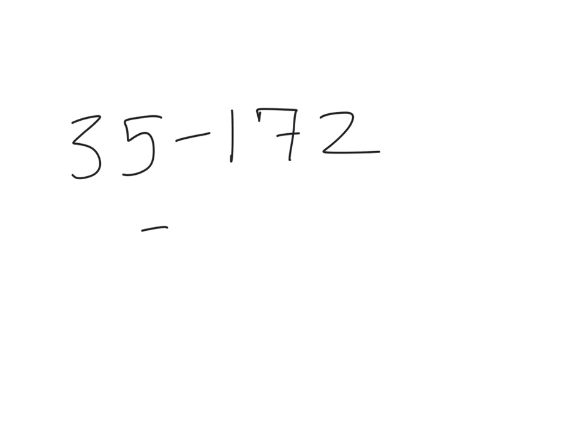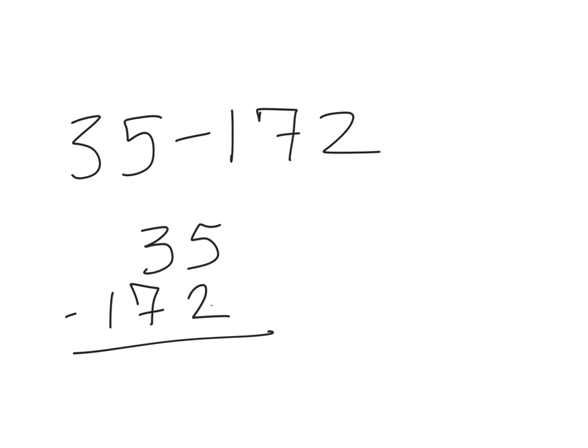Thank you. So you're going to line up 135, and then you're going to line up the 172 so that the ones, the tens, and the hundreds line up, right? So you would have lined it up like this, right? We're going to do something similar with polynomials. We want to stack our like terms, okay?